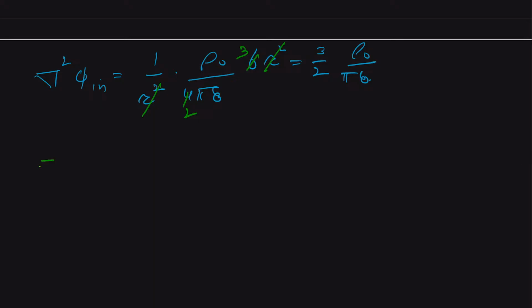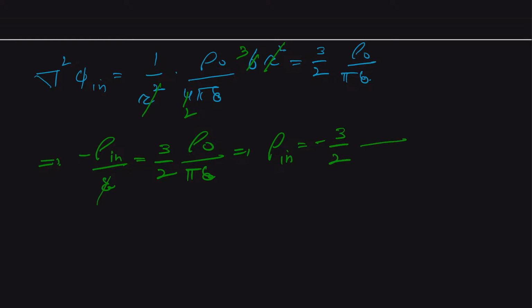Therefore we get minus charge density upon epsilon naught is equal to 3 by 2 rho naught upon pi epsilon naught. This gives us the charge density inside equal to minus 3 by 2, and epsilon naught cancels out, and this comes as 3 by 2 times rho naught. And this is for the inside point when the value of r is less than a.